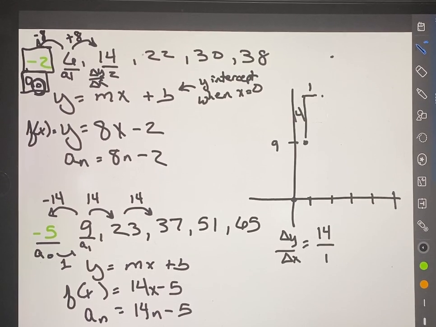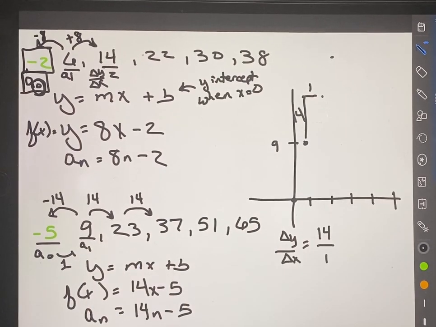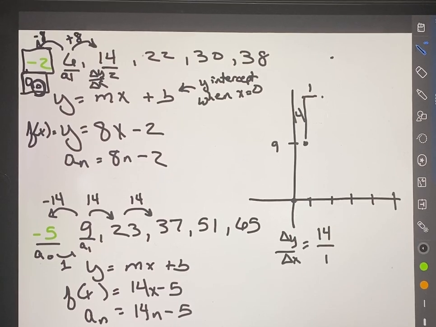So that's our proof that our sequence equations, the expressions to find any term, are identical to the slope of the line through all of the points.